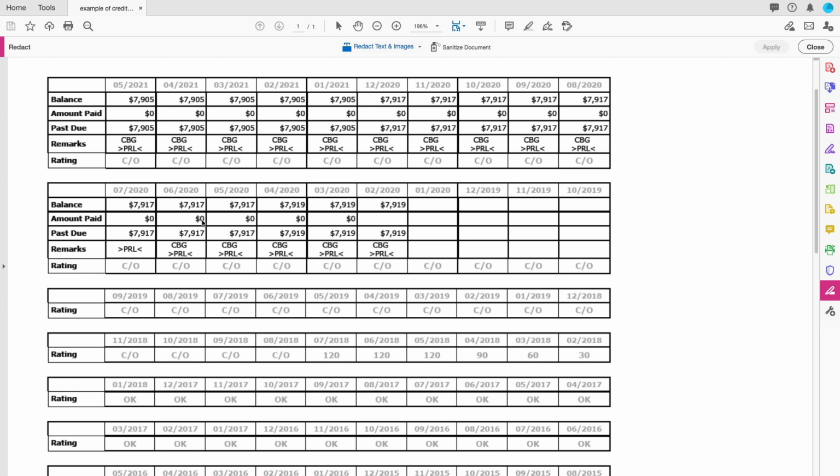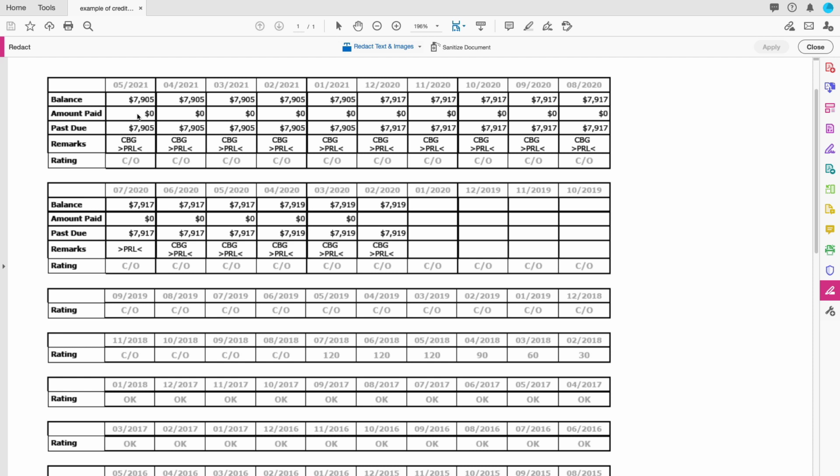So again, zero payment, and we come up here, and now in January, it's gone down $12. Well, where's that payment? It's not listed there. You see the amount past due is now $7,905, balance $7,905, and again, it's zero.